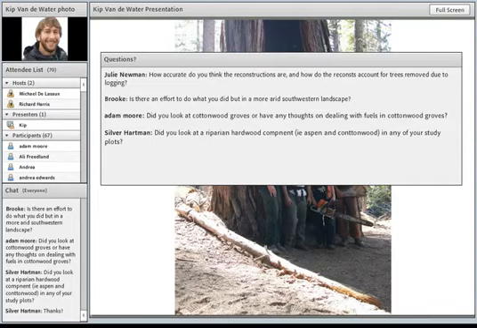I can tell you my thoughts on dealing with fuels in cottonwood and aspen groves. Currently you have a lot of ingrowth of white fir and other shade-tolerant species up through the canopies, which were probably historically dominated by hardwoods. And really high fuel loads because of all the down woody fuels that these young conifers are dropping to the forest floor.